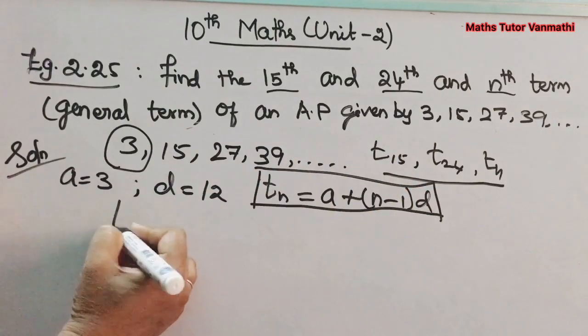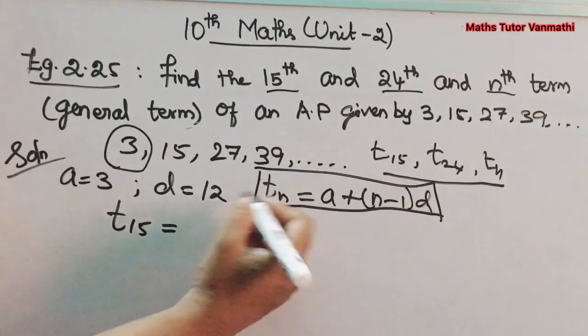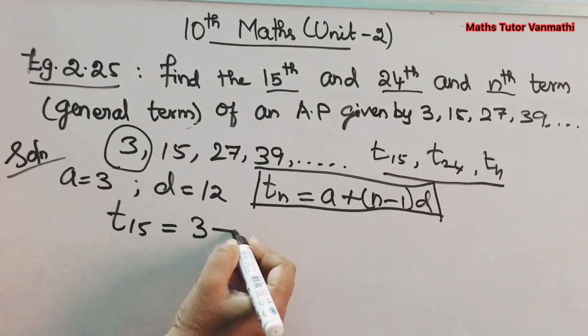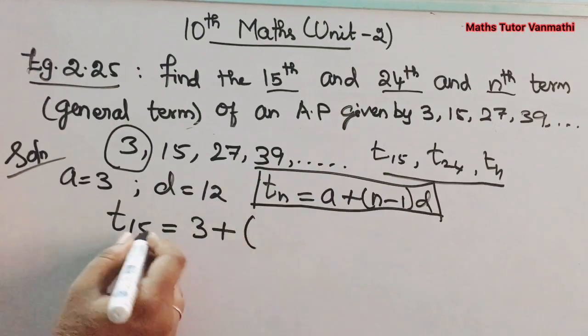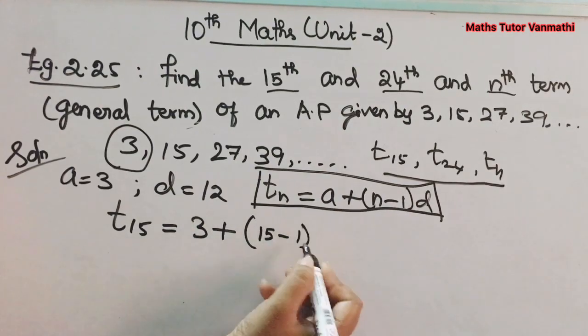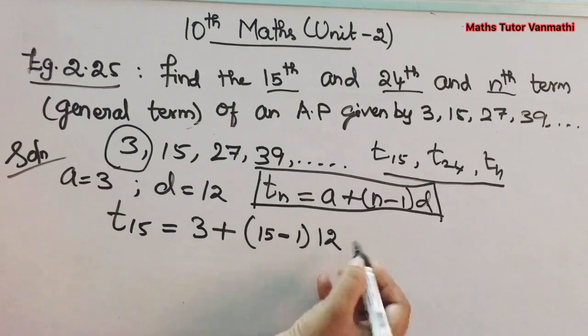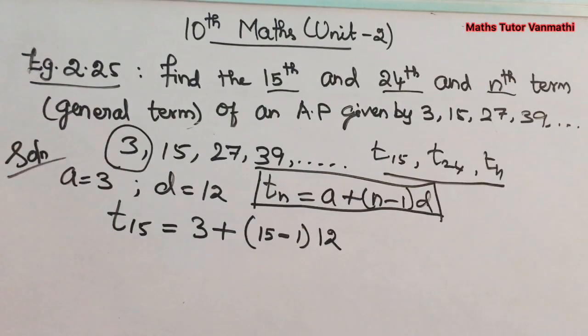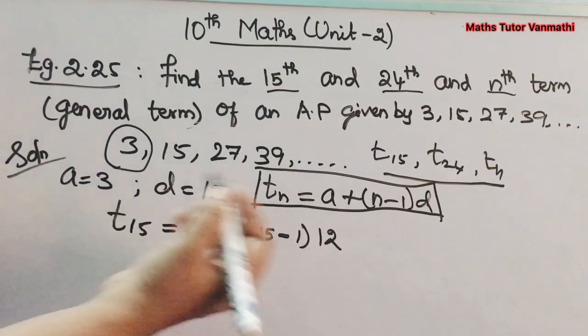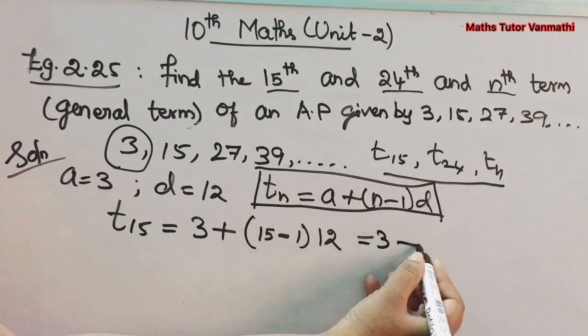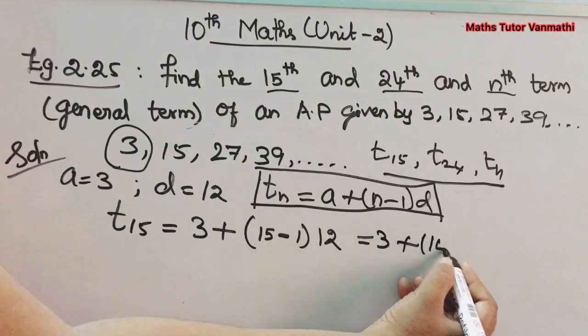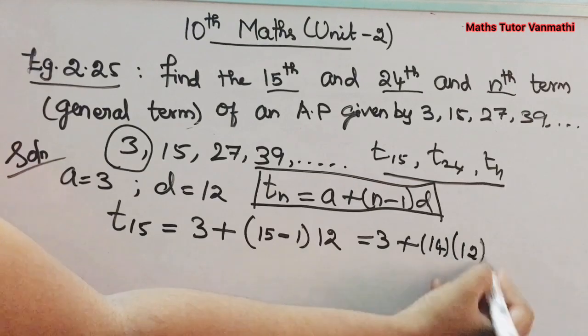First we need T15. So T15 equal to, what is your A value? 3 plus, what is your n value? 15 minus 1. What is your D value? 12. Clear? Understood?